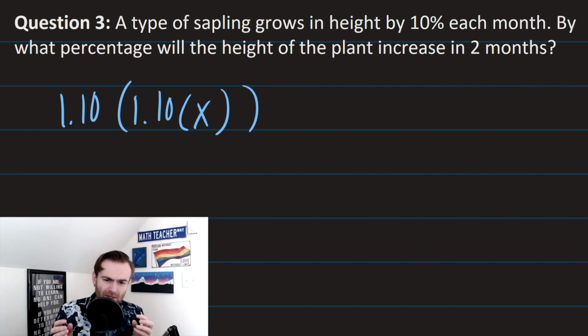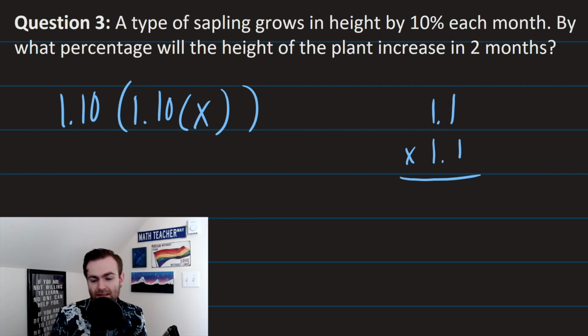If I multiplied it by 0.10, it'd be shrinking. So it's 1 plus the percentage for growth. Now, in order to clean this up, I need to multiply 1.10 by 1.10. So 1.10 times 1.10 might seem a little trivial, but we'll try it out.